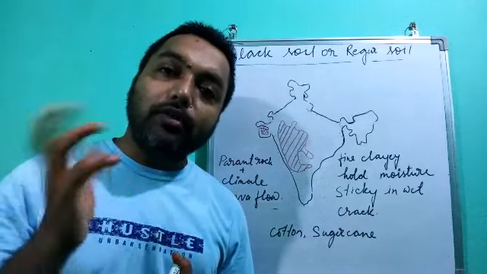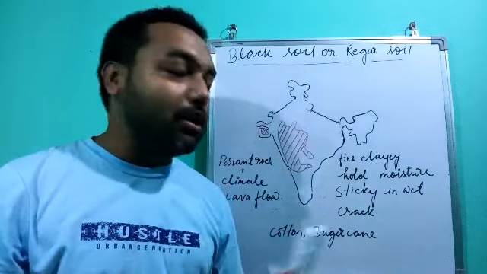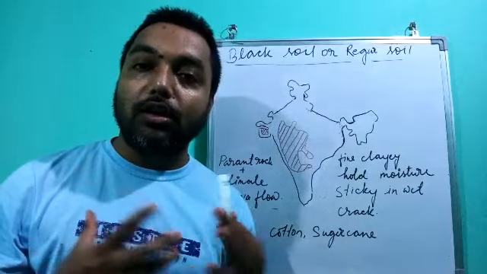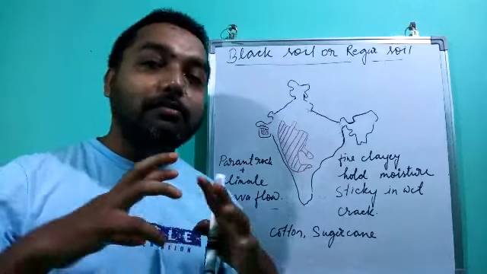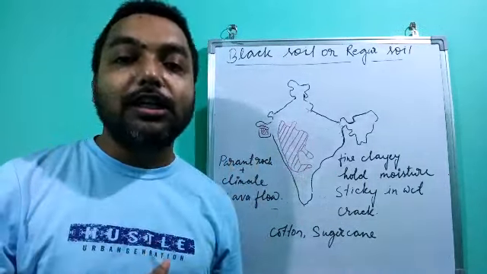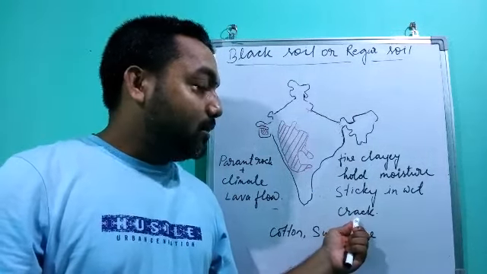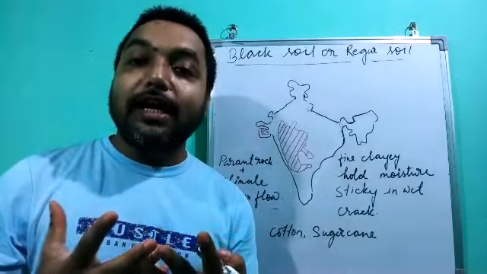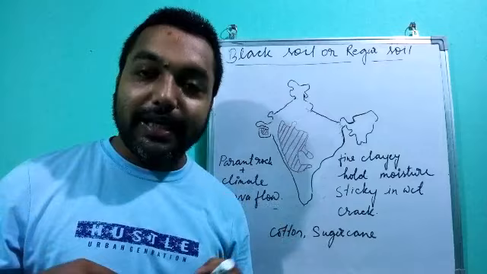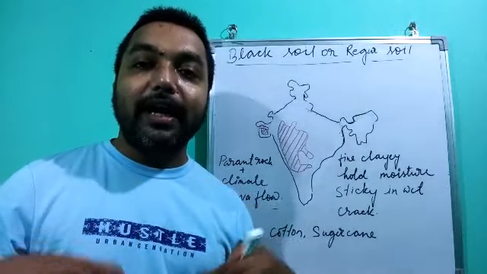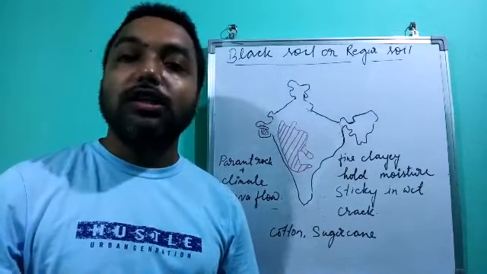Only before the first shower, when the first rainfall comes, if someone does the work of plowing and all, then it is easy. Otherwise, if it becomes very wet, it becomes very difficult for plowing and for doing agriculture. Next, when it becomes dry in the dry summer or hot season, it gets cracked, and due to that, a huge number of cracks occur in the area where this soil is found.